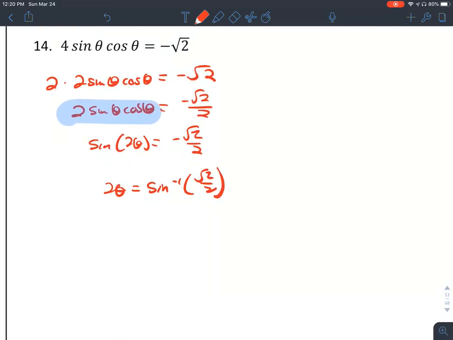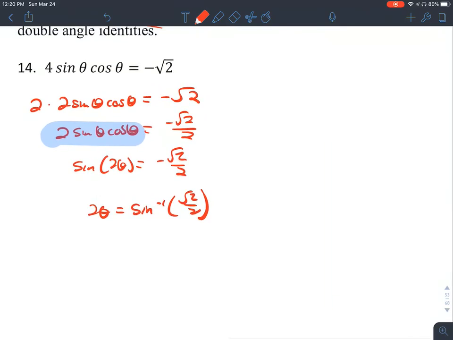But what does that make theta? Well, square root of 2 over 2 is in a 45, 45, 90. And this is supposed to be negative. It was in the previous step, and then I didn't write negative for this one. When is sine negative? Sine's negative in quadrants 3 and 4.